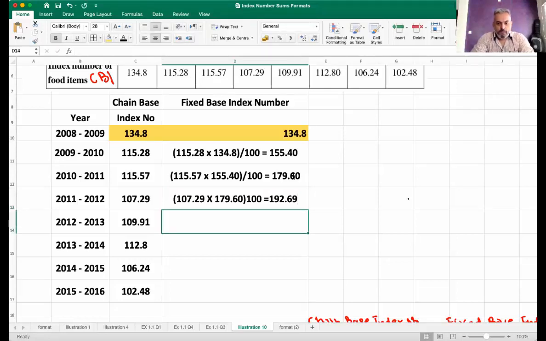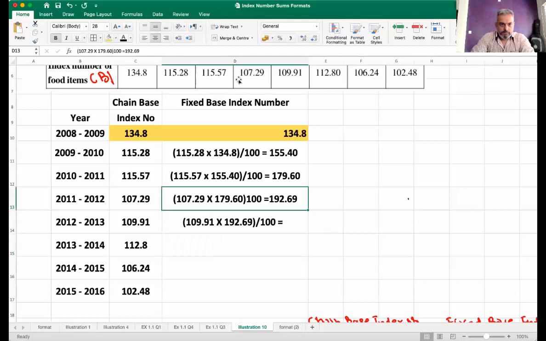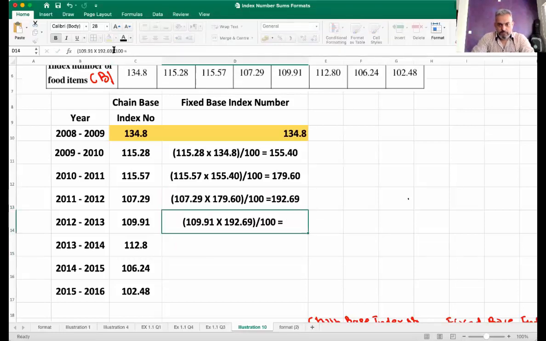Then 109.91 into 192.69 divided by 100, which is equal to 211.785. So 211.79.